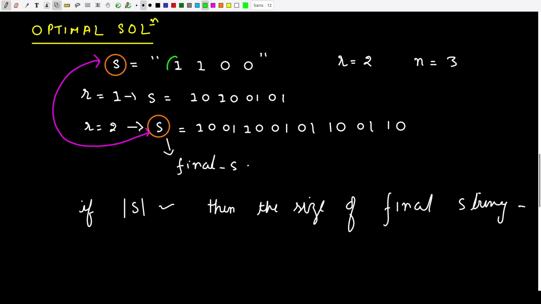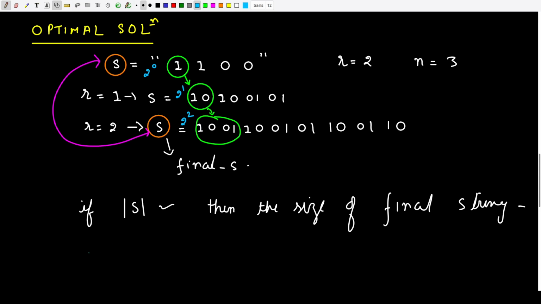This was the first character of my first string. This first character gets expanded to two characters, right? Now these two characters in turn get expanded to four characters. So let us say the size over here is 2 to the power 0, which is 1. Then the size at the first iteration will be 2 to the power 1, and the size when r is equal to 2 will be 2 to the power 2, right?